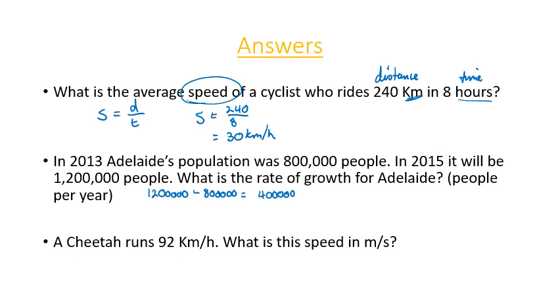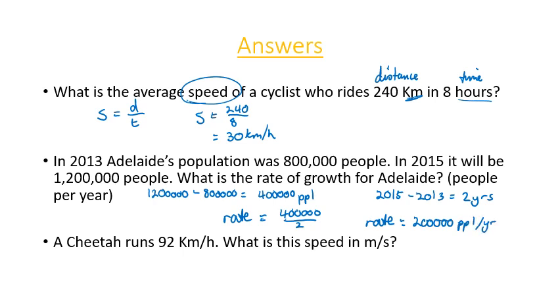This happened over 2 years, because 2015 take 2013 gives us 2 years. So the rate is people per year. Our rate is equal to 400,000 over 2, which gives us an answer of 200,000 people per year.